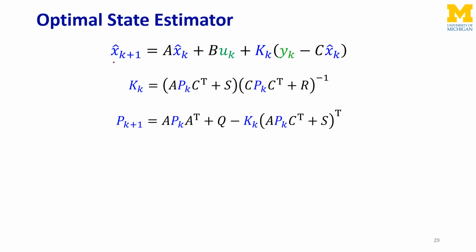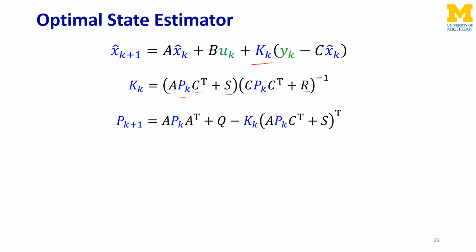You have the estimator, which is the same structure that we saw earlier with the output injection, where the gain K_k at each step is given by this equation. And this K_k doesn't depend on anything except the noise characteristics, R and S, P_k, which is the state error covariance, and the system dynamics and the output map.